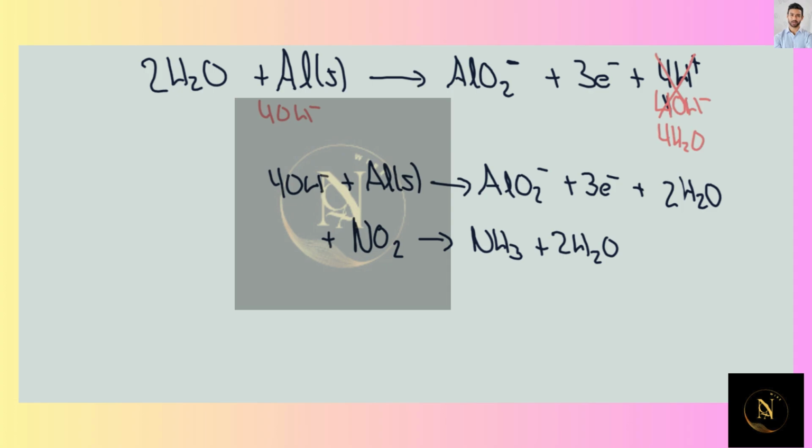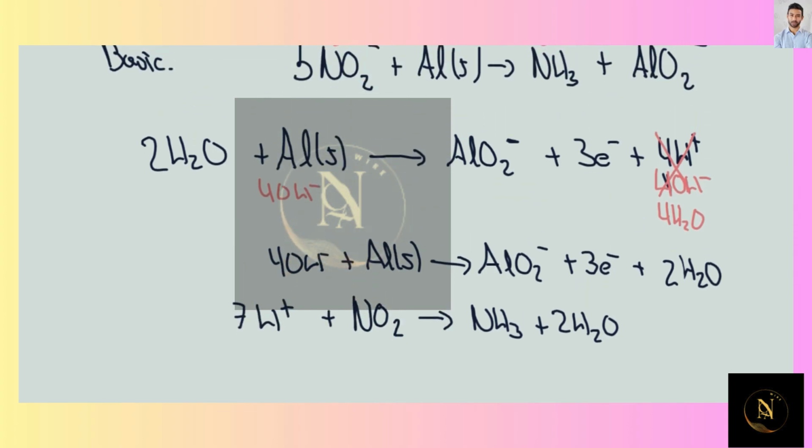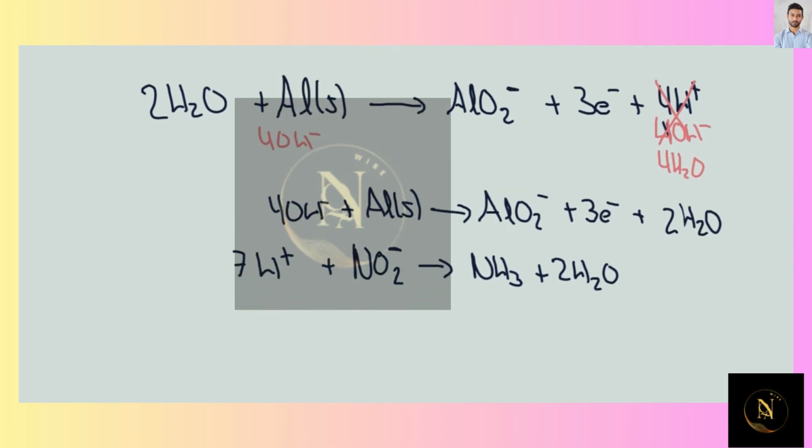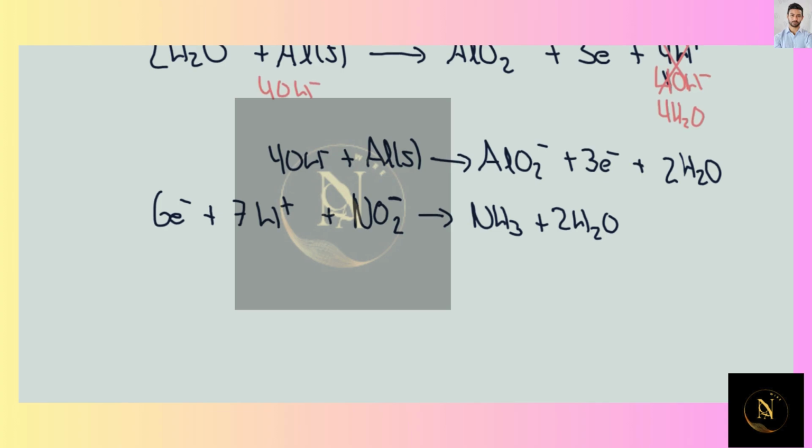So in this case, we're going to have 4 plus 3, 7 protons to balance things correctly. Additionally, we're going to have a total of 6 electrons that are going into the nitrogen for the reduction.